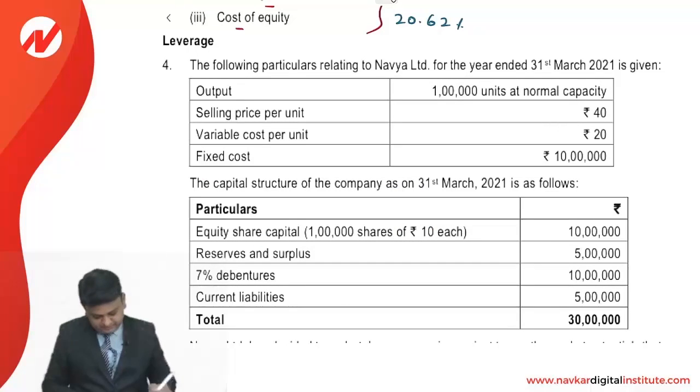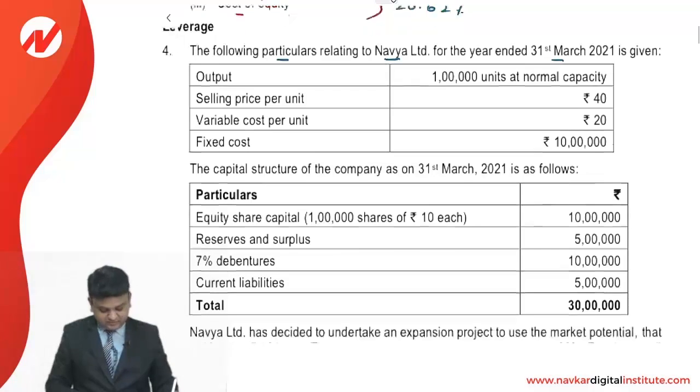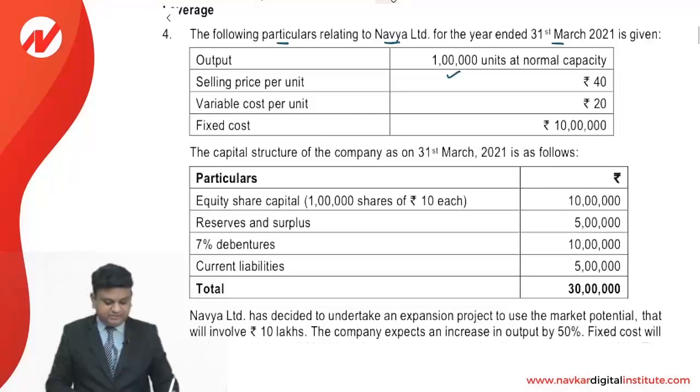Question number 4. The following particulars relating to Navia Limited for the year ended 31st of March 2021 are given. Output is given as 1 lakh units, that is the normal capacity. Per unit selling price is 40, per unit variable cost is 20.